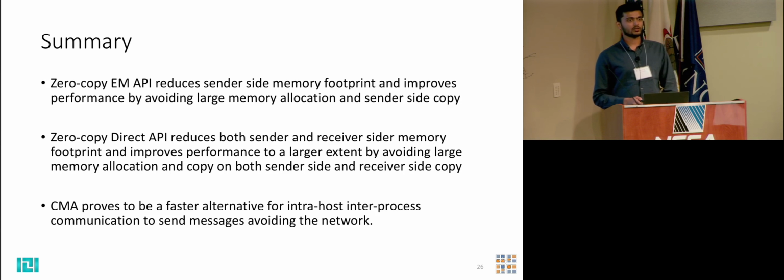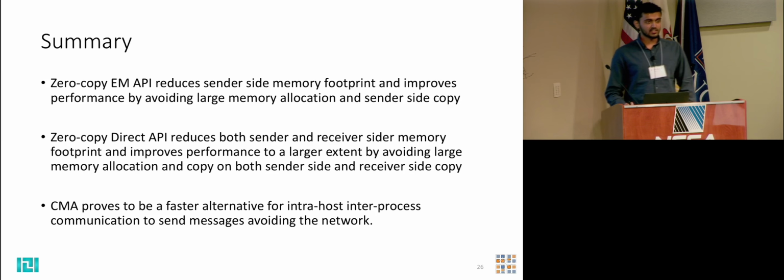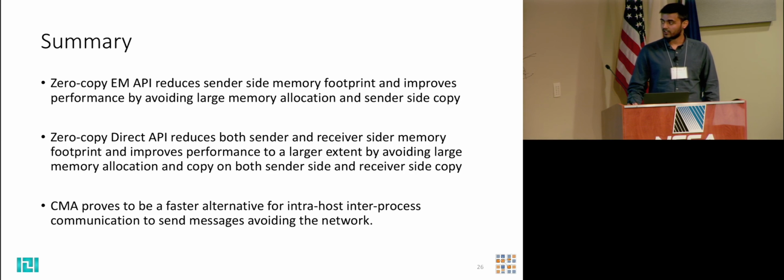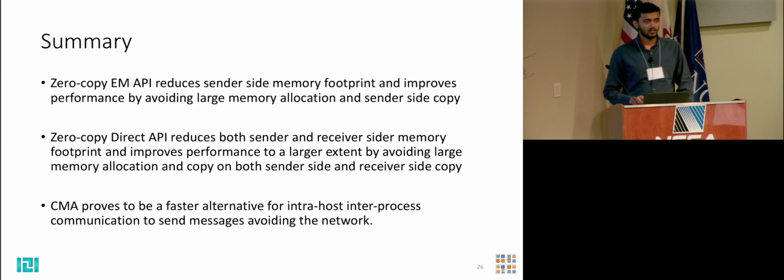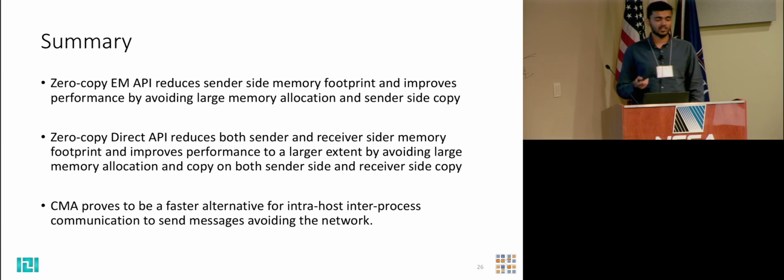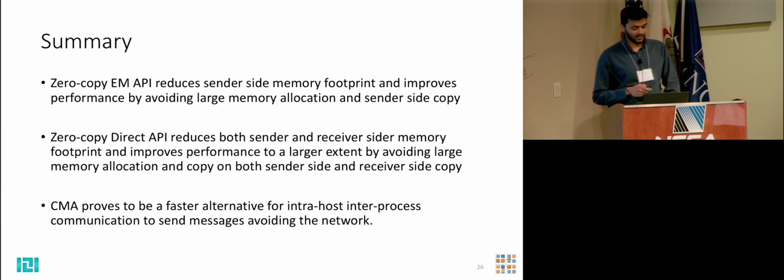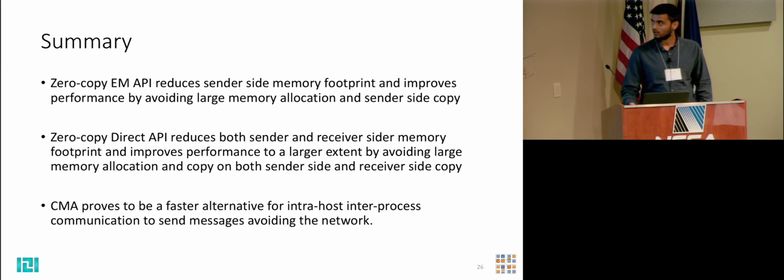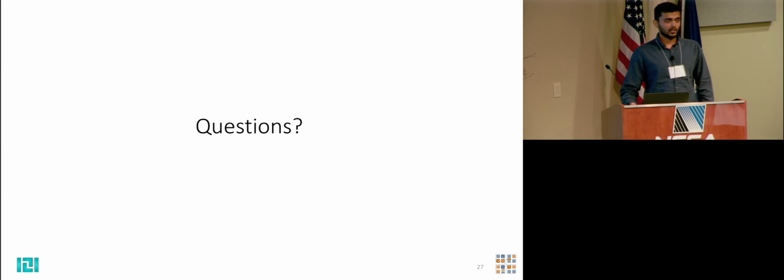And finally, we also saw that CMA is an alternative that we can try for inter-process communication within a host, and that way we can avoid the network. And for larger applications, since the pressure on the network is lesser because the SHM transport is taking care of it, we can probably see benefits of that as we are testing it further. I can take questions now.